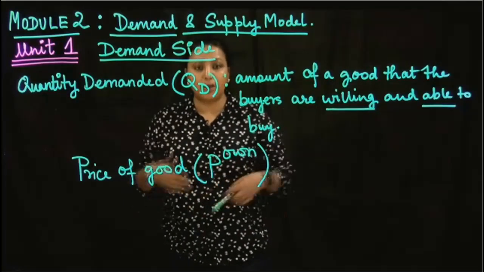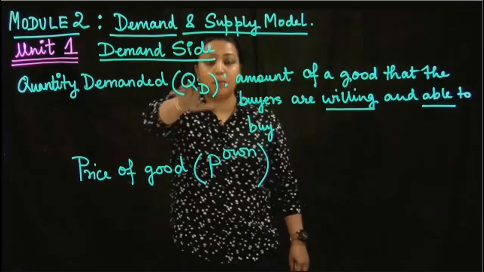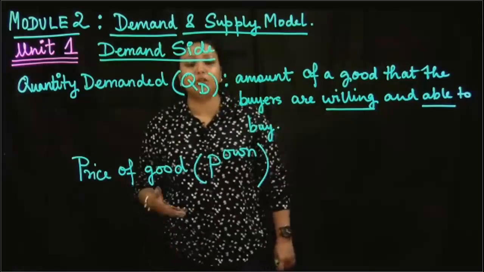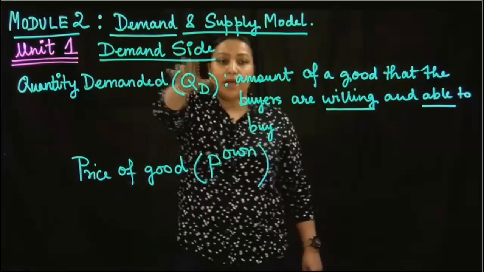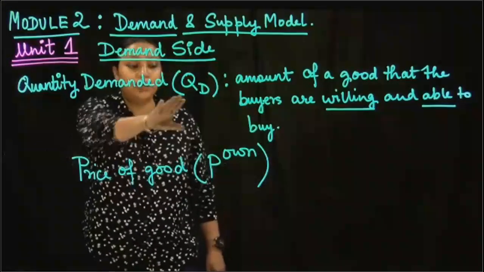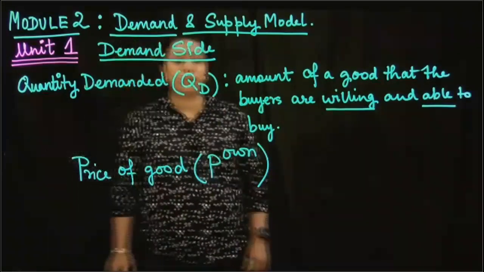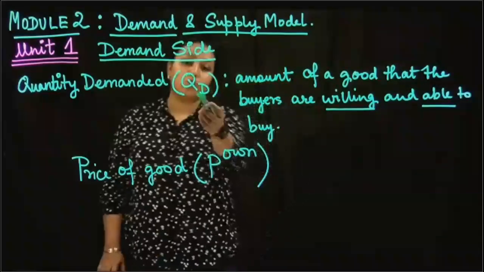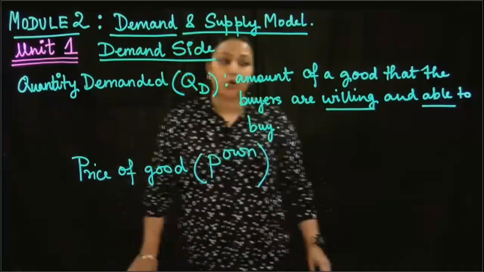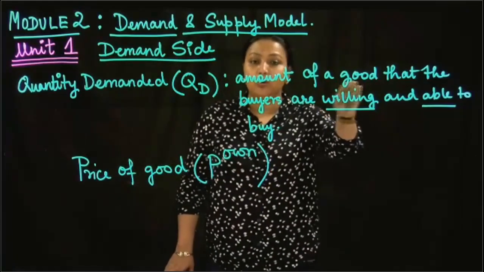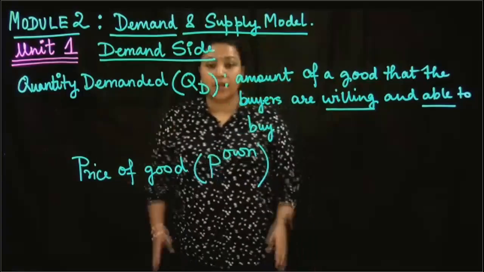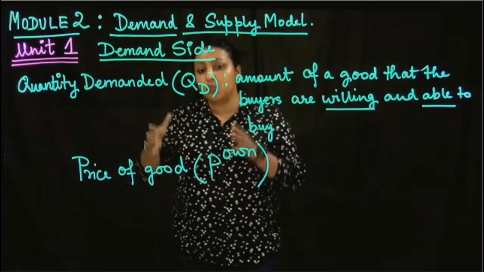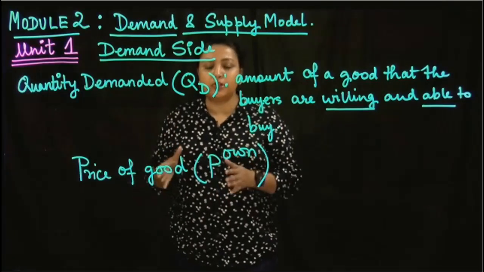So if we are talking about apples, QD is the quantity demanded by the buyers for this commodity apples, and P own is just the unit price of apples. So on the demand side, we look at the relationship between QD and the own price of the commodity. One more thing, please note that each time that I am talking about quantity demanded or the own price, I am talking about one particular commodity. That means here we are talking about demand or supply from the context of one particular market.